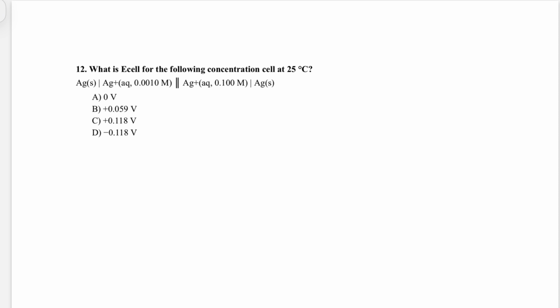Okay, question 12. What is E cell for the following concentration cell at 25 degrees Celsius? So this is the same equation as the one we used above. The one that is reduced is the one on the right hand side of the equation. Right, this is the reduction half reaction and then the oxidation half reaction.